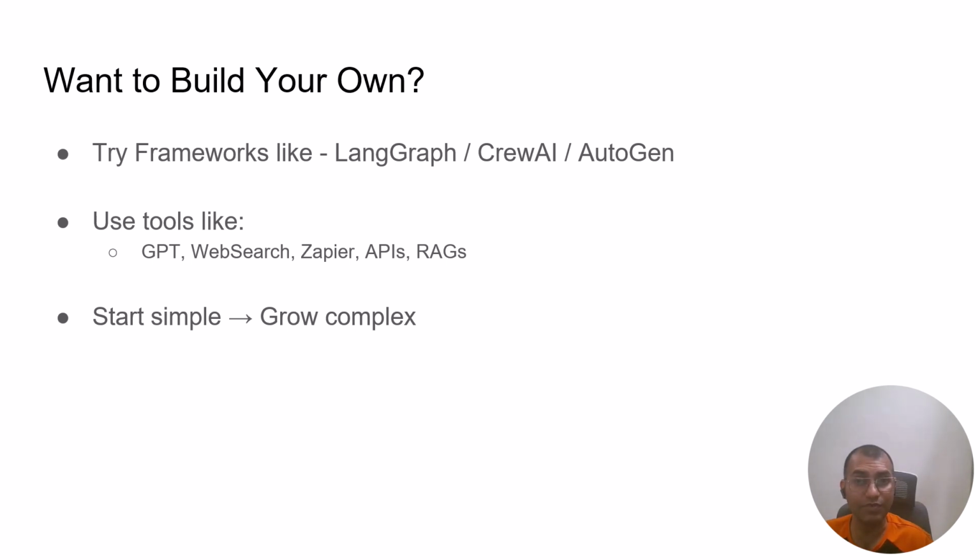You can access APIs. You can also access RAG-based structures, which allow knowledge base access to your model. So there are different tools you can use to create a good agentic workflow. You can start with a simple structure, build one agent, and then slowly start splitting into multiple different agents, and you can create a product out of it.